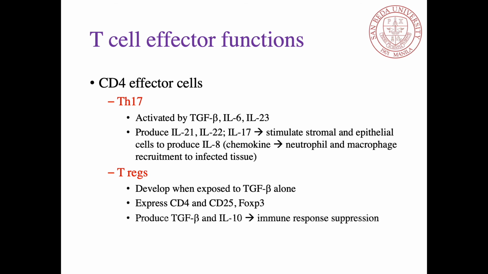And they basically produce, of course, more TGF beta and interleukin 10, and apparently these two in concert are responsible for suppression of your immune response. Hence, the counterbalancing of the pro-inflammatory effect of the whole immune response itself. So hopefully that was clear.